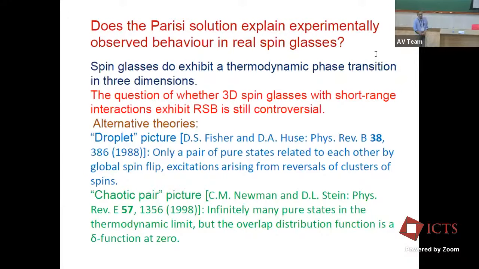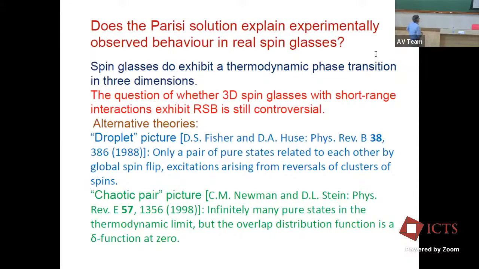There is a transition that separates a high temperature paramagnetic phase from a low temperature spin glass phase, and one can calculate what the temperature is where this phase transition occurs, depending on the kind of interactions that you have chosen for your short range spin glass models.